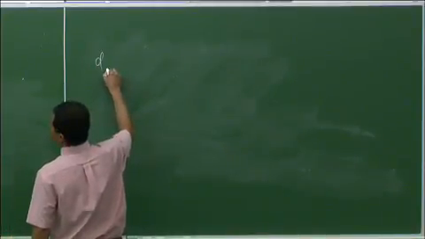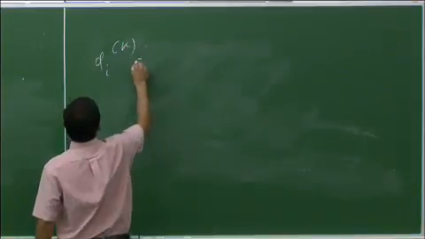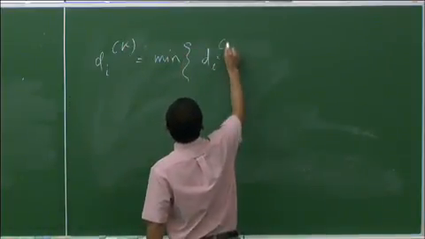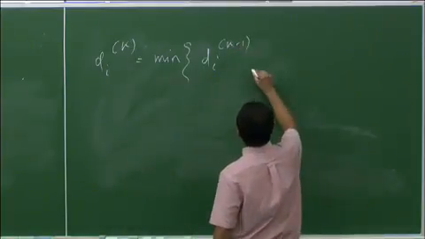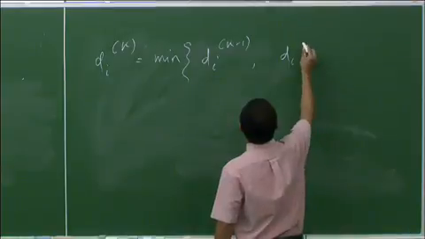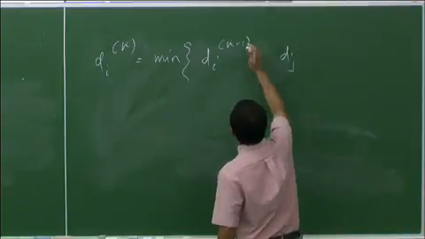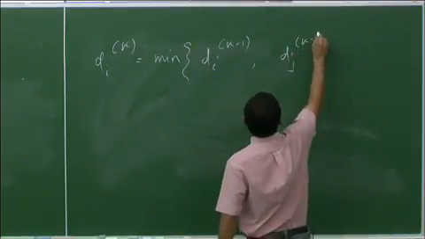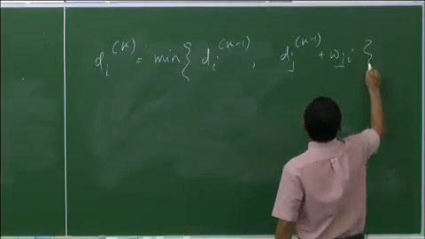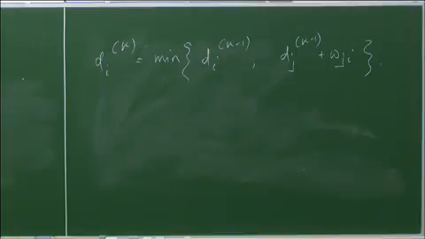The d_i^k is the minimum of d_i^(k-1) and the other term.